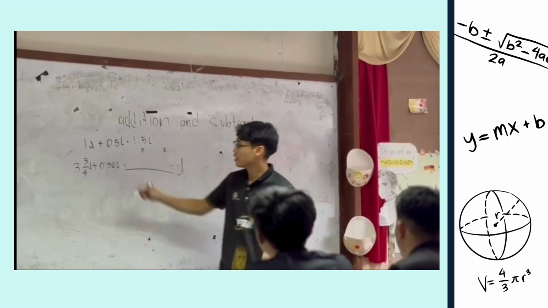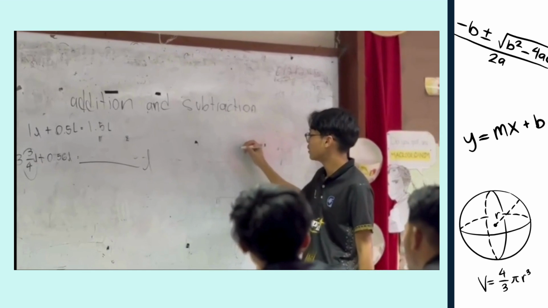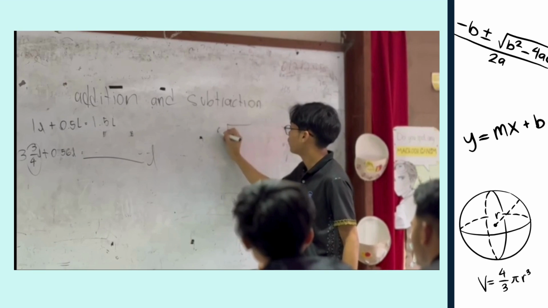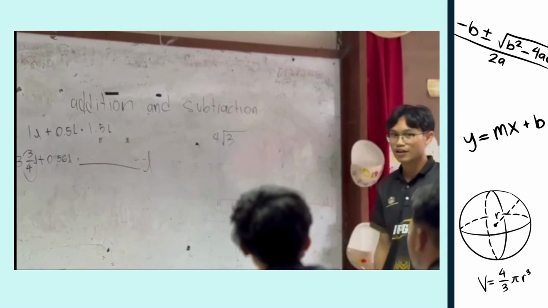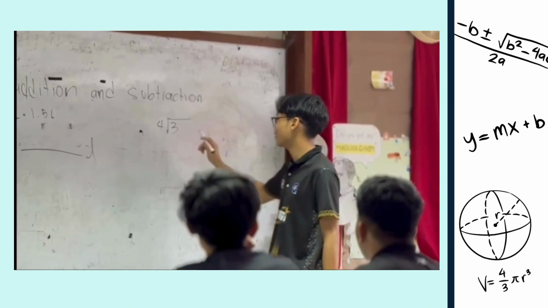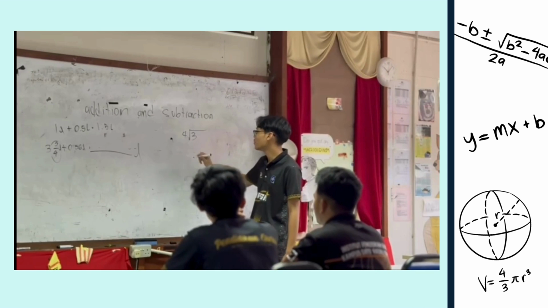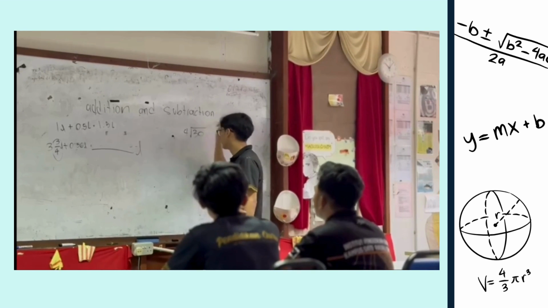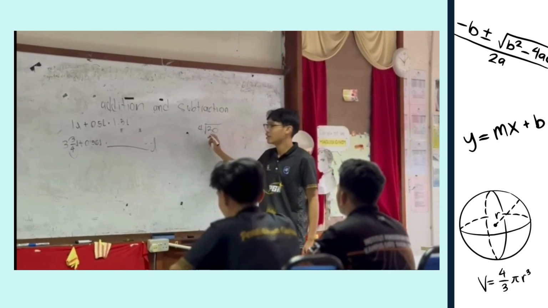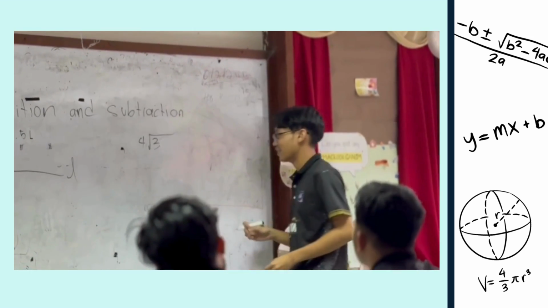As you see, we have 3/4. Do you know how to divide it? Can we divide 3 by 4? No. So we need to add 0 and add a point to move the dot.